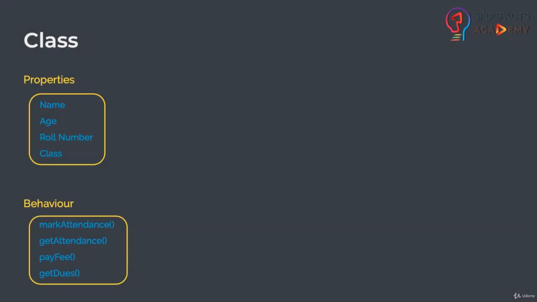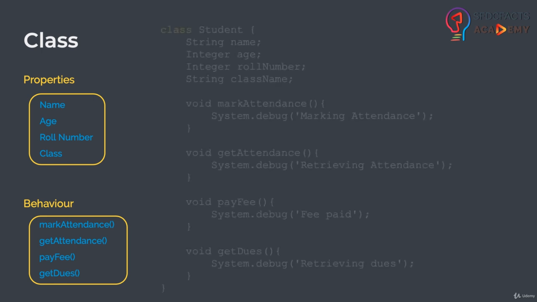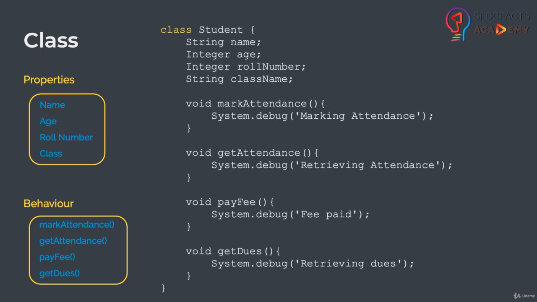Now let's take a look at how a class could look for a student object. First you write the special keyword class to tell your Apex compiler that you are about to create a class, and then you write the class name. Here we have given the class name as Student.